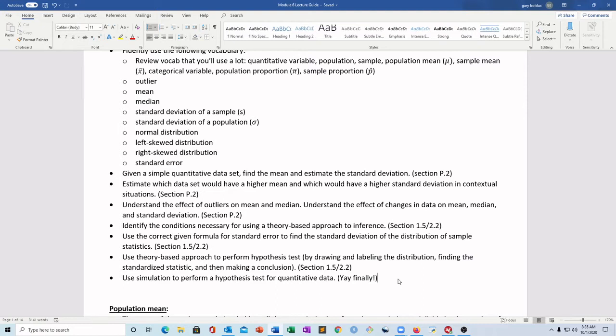It's crazy sounding, but I'll show you that instead of having to have a computer simulate samples, we can predict what that process would result in just from knowing a few pieces of information. And then we can use that model that we've created by ourselves, by hand, in order to test our statistic.